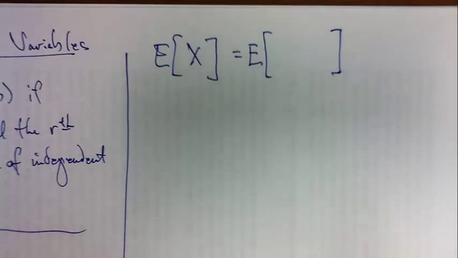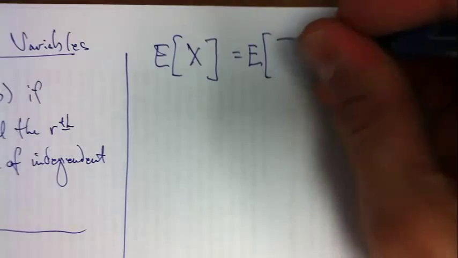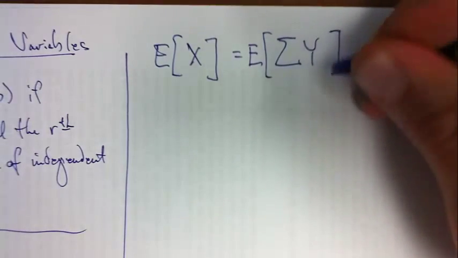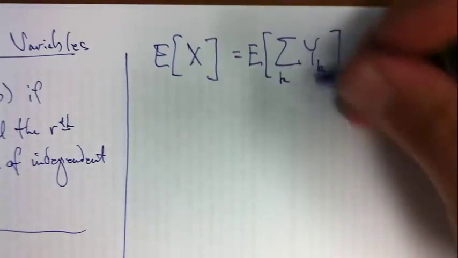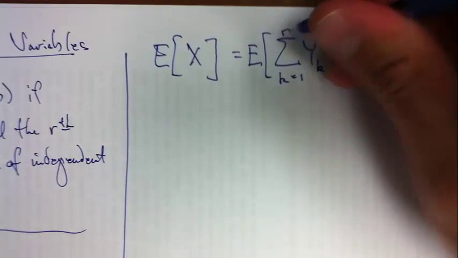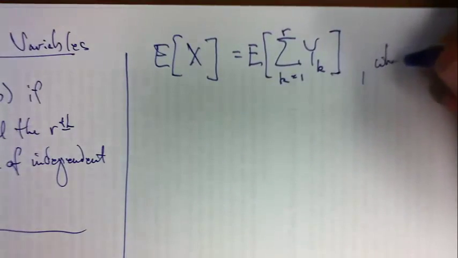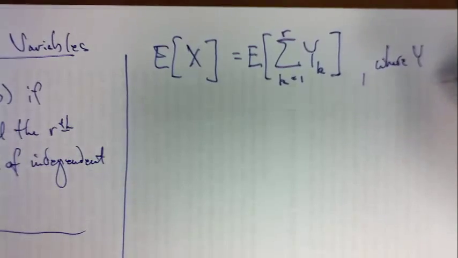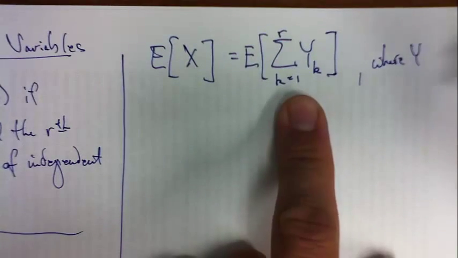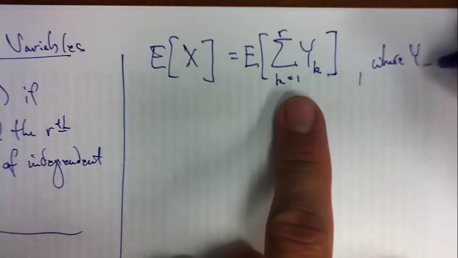You have to wait for the first success, then you have to wait for the second success, then you have to wait for the third success. You're effectively looking at the sum of r geometric random variables.